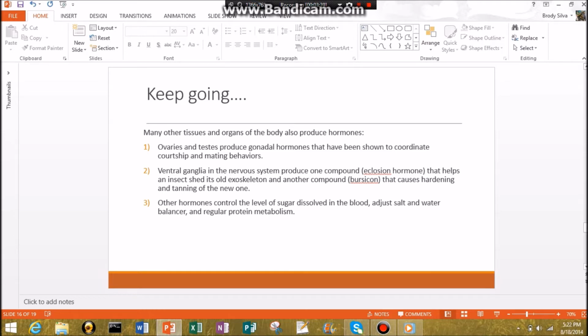So these are two hormones that are very important in the process of molting. Other hormones control the level of sugar dissolved in blood, adjust salt and water balance, the osmosis basically, and regulate protein metabolism.